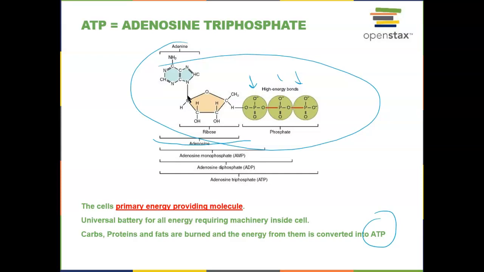So it's sort of like you can use coal or wind or solar to make electricity, but electricity is what makes a lot of the stuff go in your house. Same with your body. You can use carbs or fats or proteins to make ATP, but ATP is the primary energy source for any single process inside of your body.